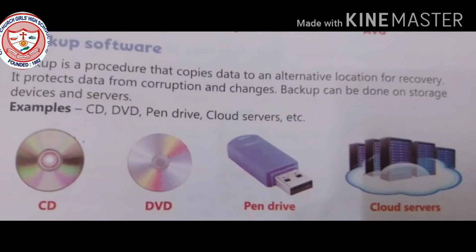Backup software. Backup is a procedure that copies data to an alternative location for recovery. So you all know nowadays in our phone there is backup, so that we can store all the photos and documents which are necessary and very important for us.